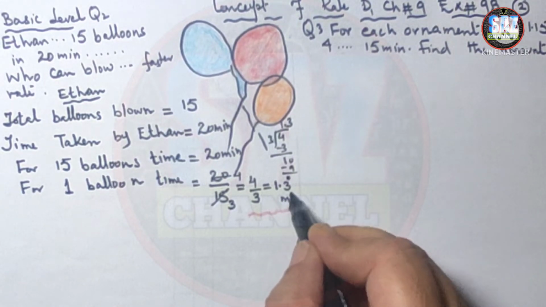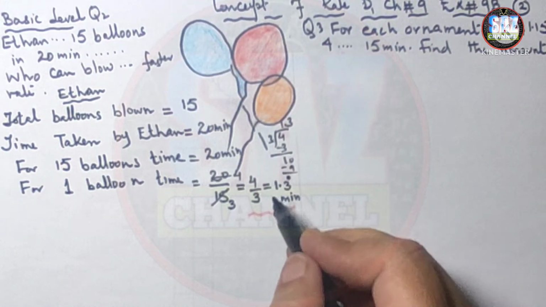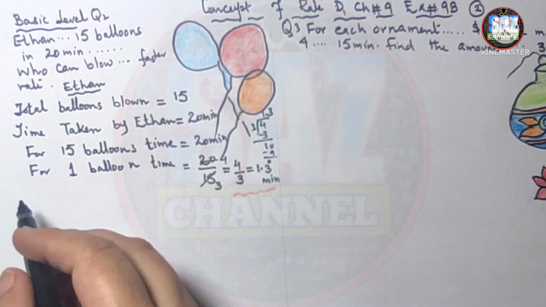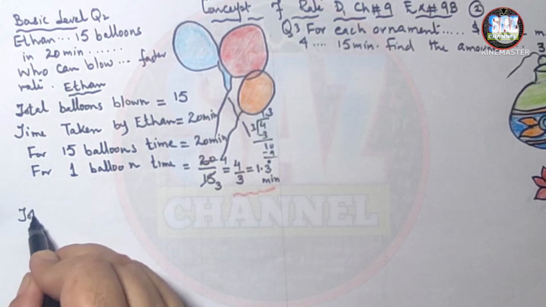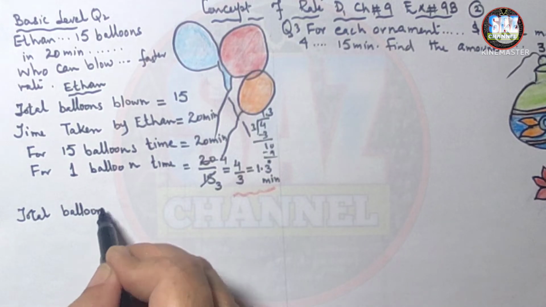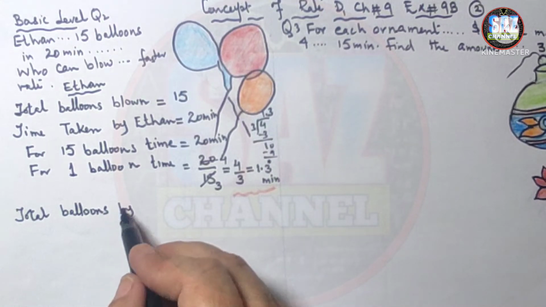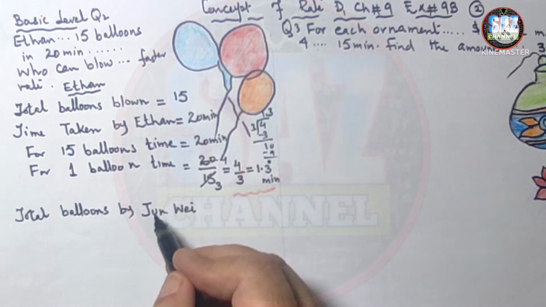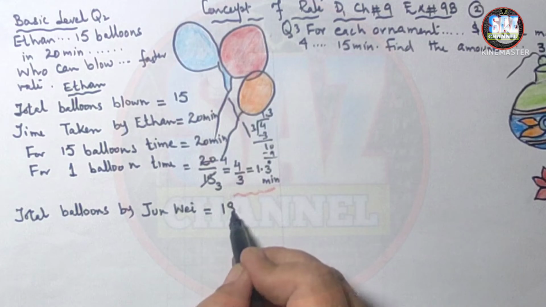Now who is the second person? Janvi. Janvi can blow 18 balloons in 25 minutes. Total balloons blown by Janvi: how many? 18 balloons.